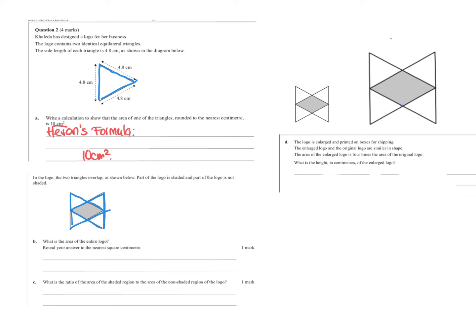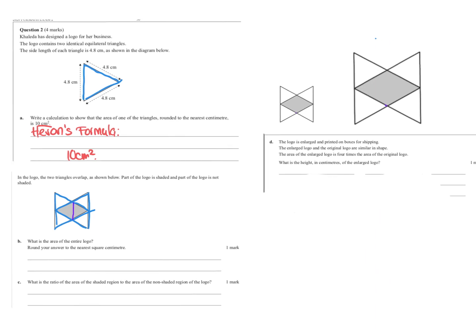So it's not going to simply be 2 times 10 squares, because there's overlapping. But you can divide the main triangle up into little triangles.